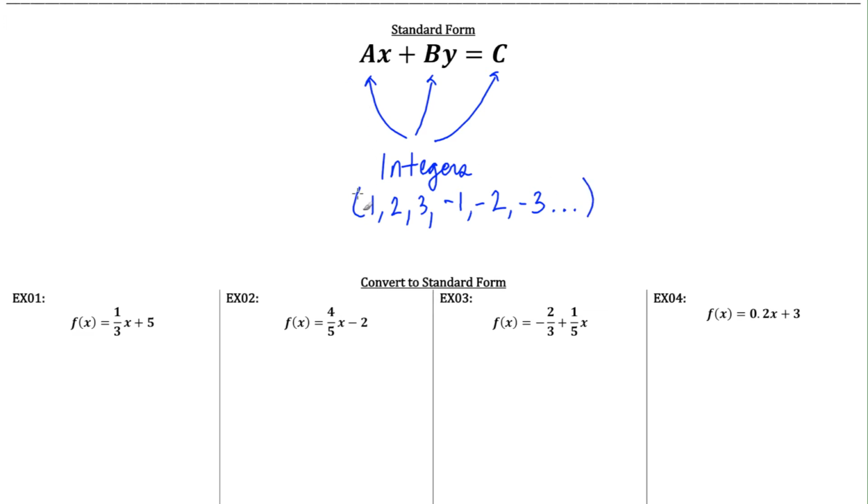And A, the convention is that A will be a positive integer. So A is positive.